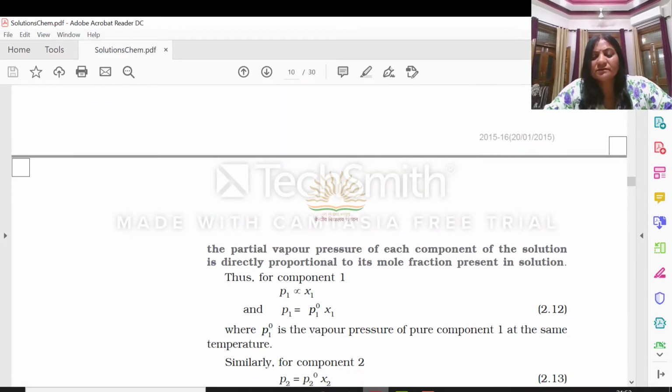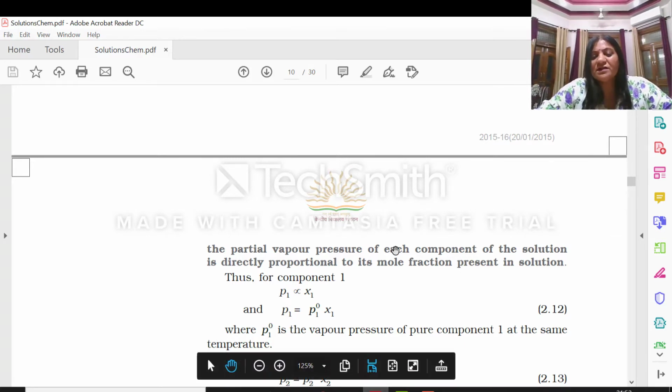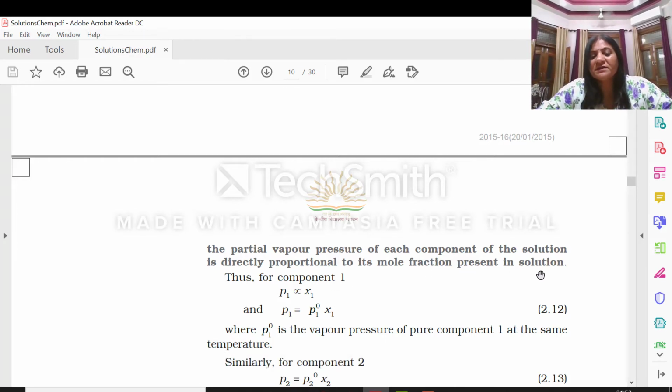The partial vapor pressure of each component of a solution is directly proportional to its mole fraction present in the solution. Thus, for component 1, P1 is directly proportional to X1. X1 is the mole fraction of component 1 and P1 is the partial vapor pressure of component 1.